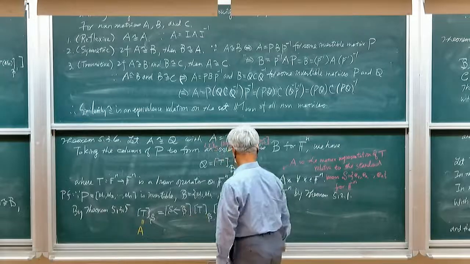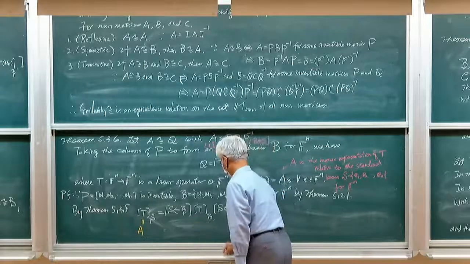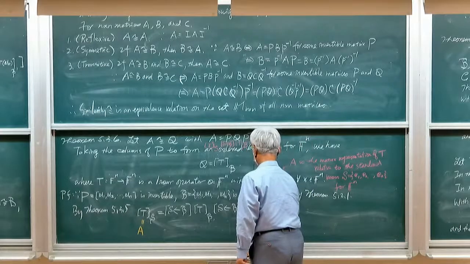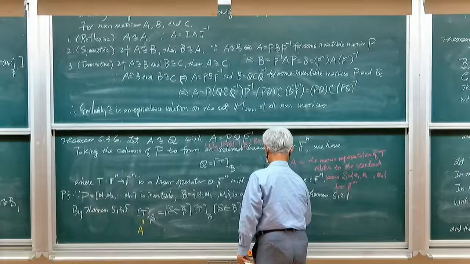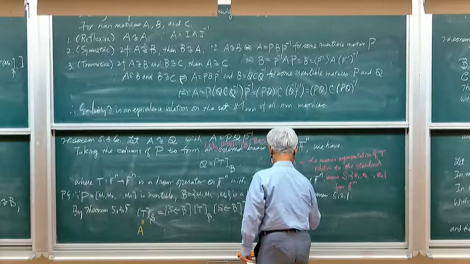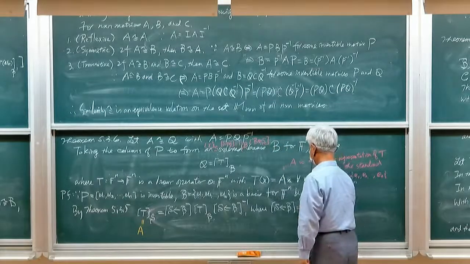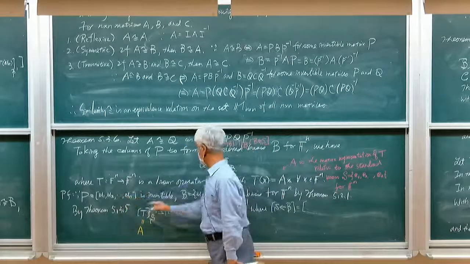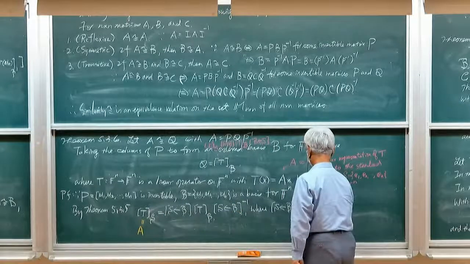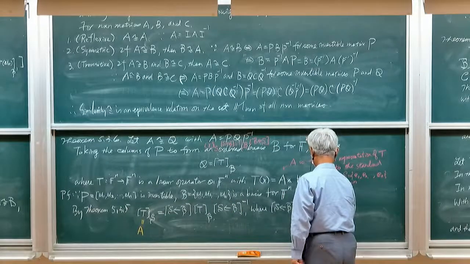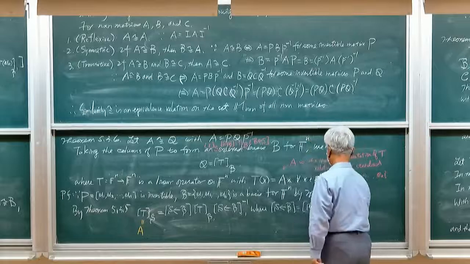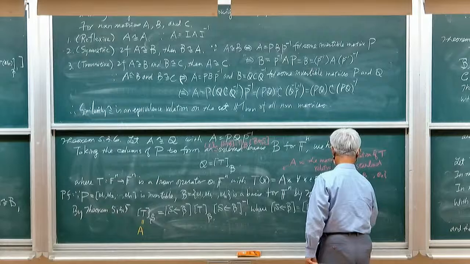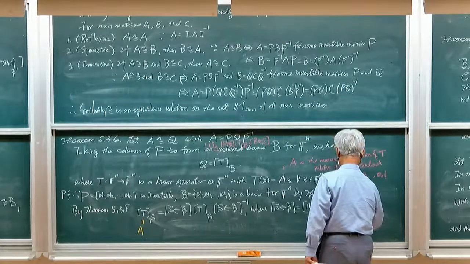And what is that? We have to compute carefully. This is the vector in the basis: u1 relative to the standard basis, u2 relative to the standard basis, up to un relative to the standard basis.